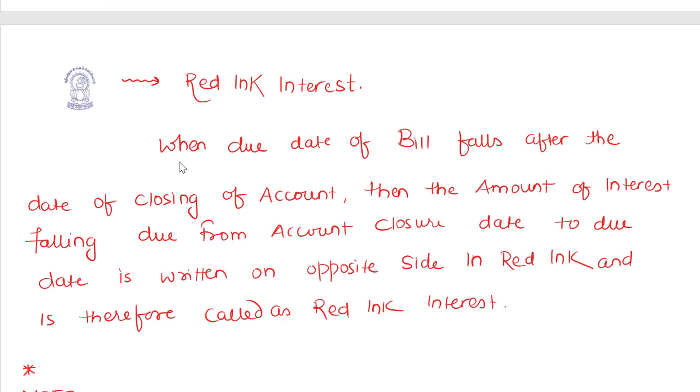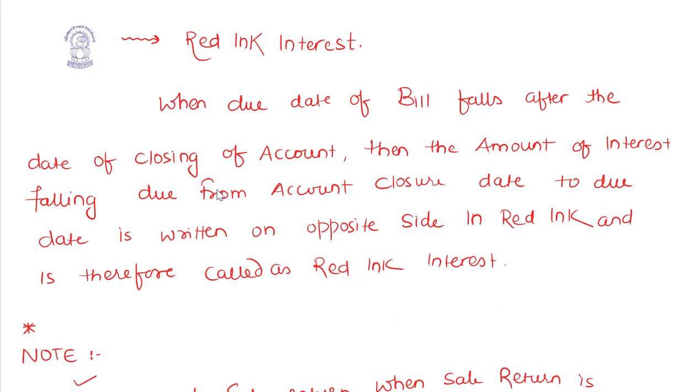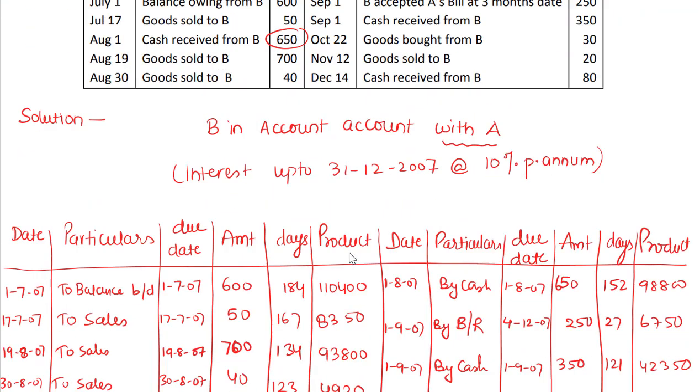Red ink interest: when the due date of a bill falls after the date of closing of account, here the date of closing of account is 15th March 2007 and the due date of bill is 13th April 2007, then the amount of interest falling due from account closure date to due date is written on the opposite side in red ink and therefore called red ink interest. I believe you understood that information.